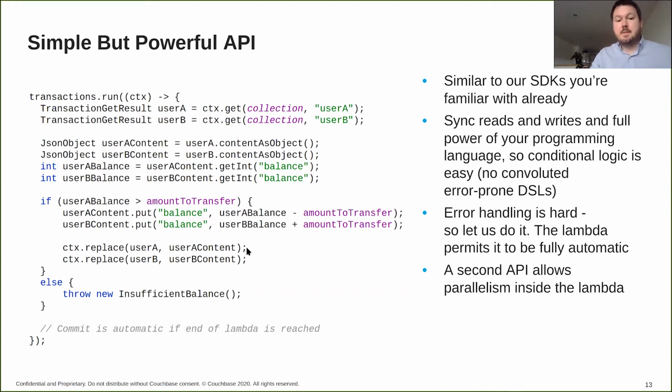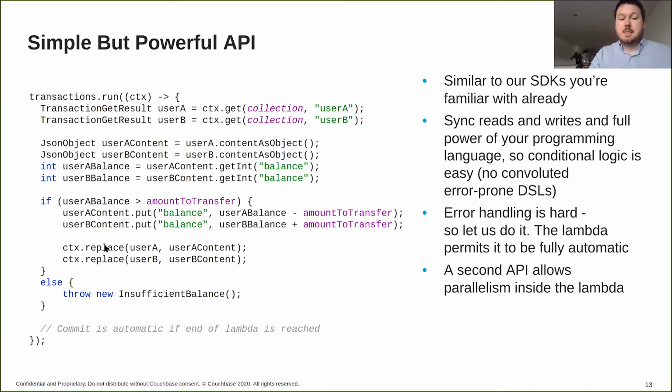This example, by the way, is a very simplified example. It's transferring money from one user to another. So first we get the two users we're looking at. We get the content, the JSON content of the users. We have a look at their current balance. If the first user has enough money to make the transfer, then we update the JSON in memory.